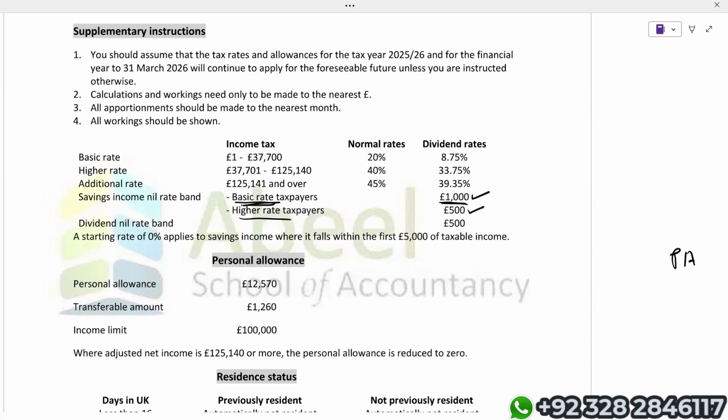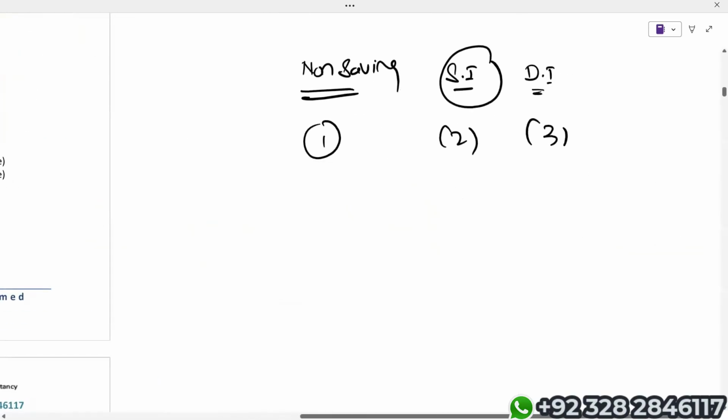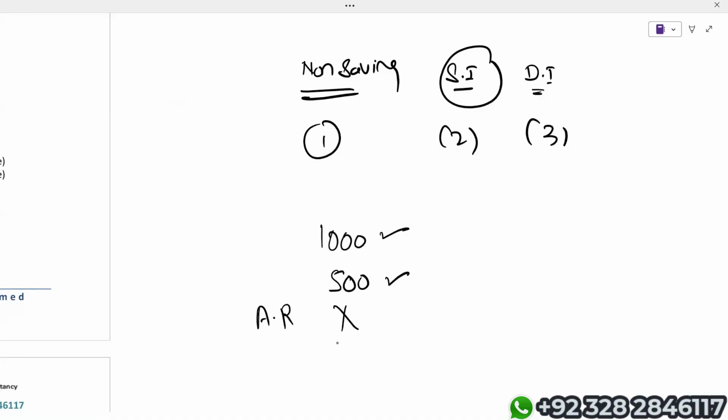An additional rate taxpayer does not get any nil rate band for saving income.